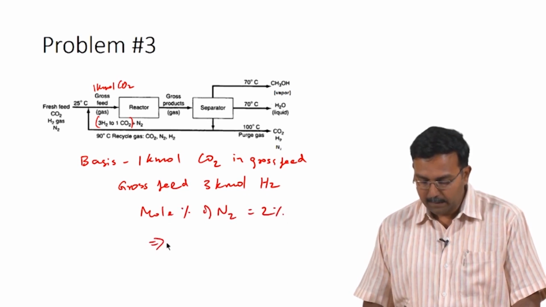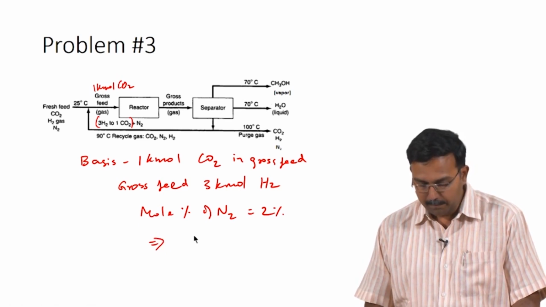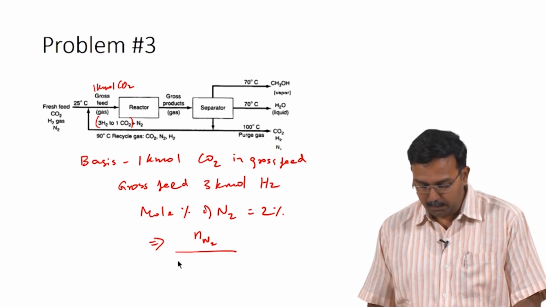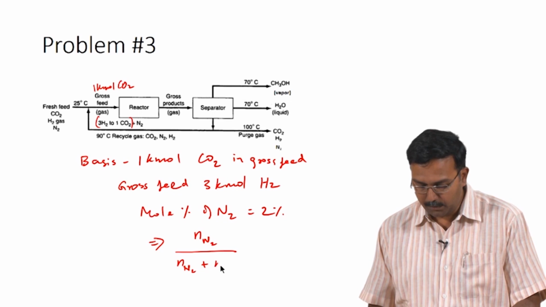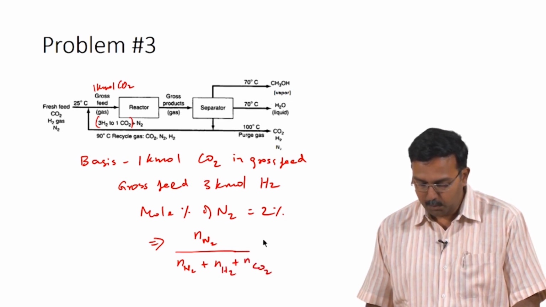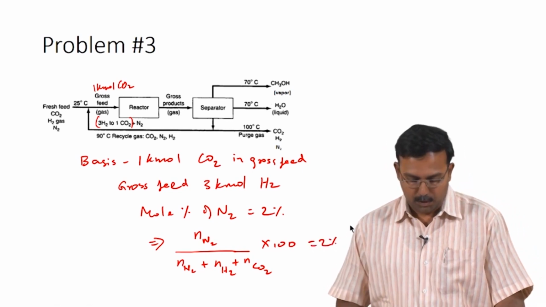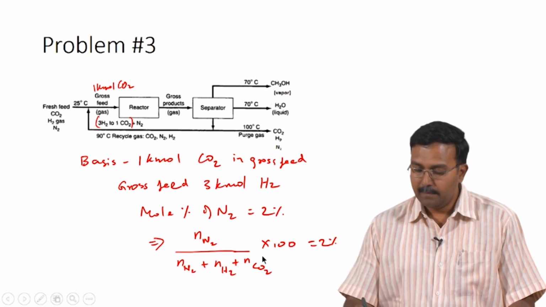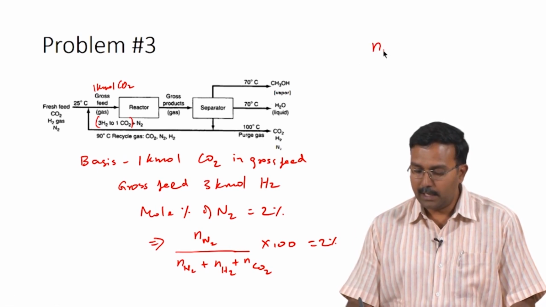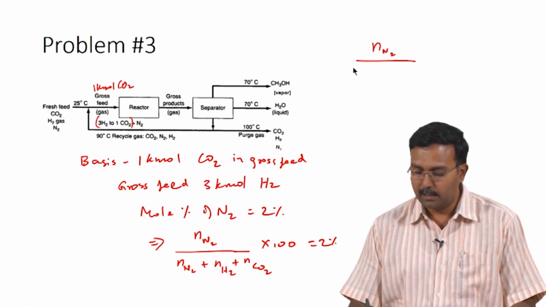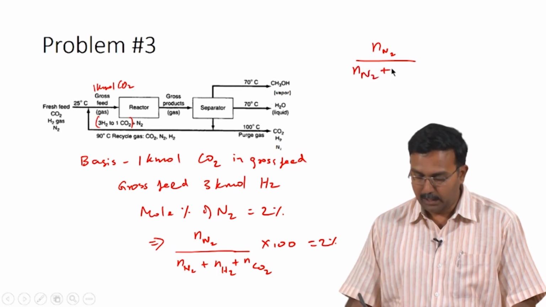This implies that the number of moles of nitrogen divided by the number of moles of nitrogen plus the number of moles of hydrogen plus the number of moles of carbon dioxide, times 100, is equal to 2%. The only value we do not know is N2, the number of moles of nitrogen. The other values are already known.